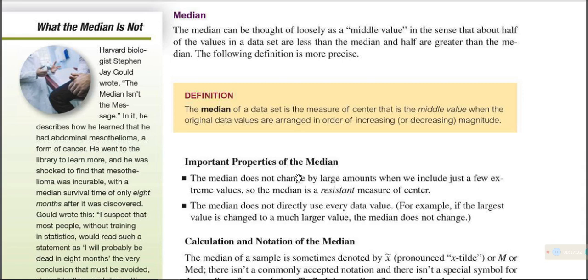Ito, maghahanay ka talaga, tapos literally hahanapin mo kung sino yung located sa gitna. So definition, the median of the data set is the measure of center, that is the middle value, when the original data values are arranged in order of increasing or decreasing magnitude.